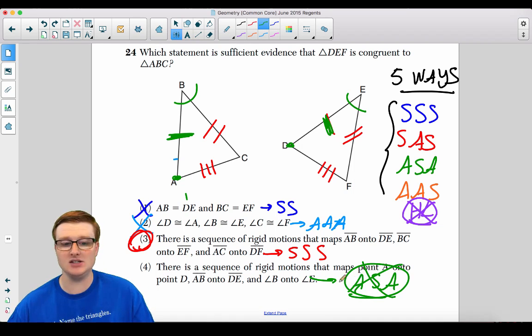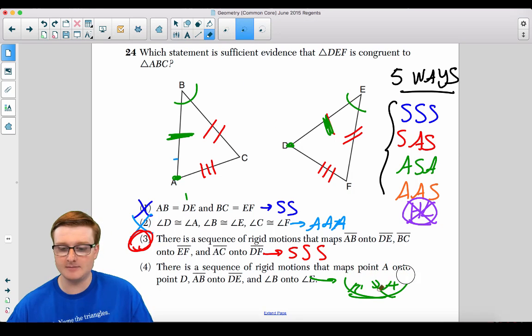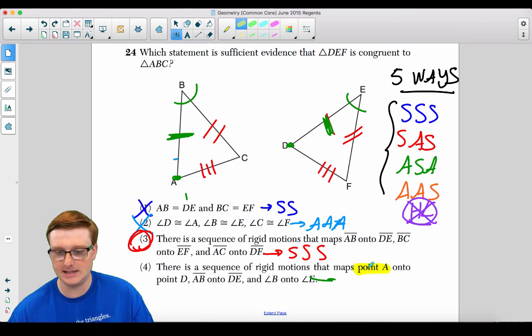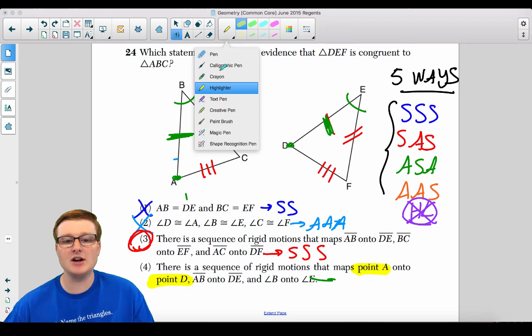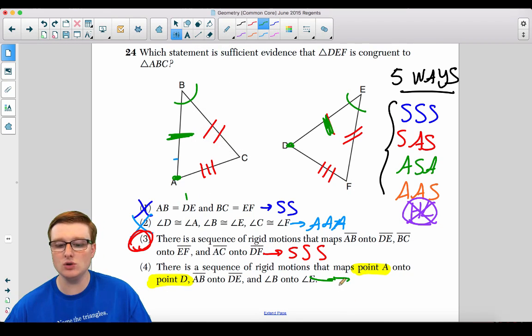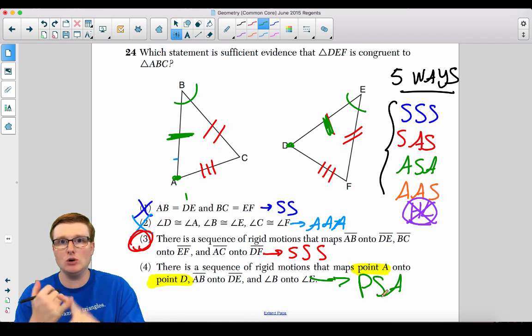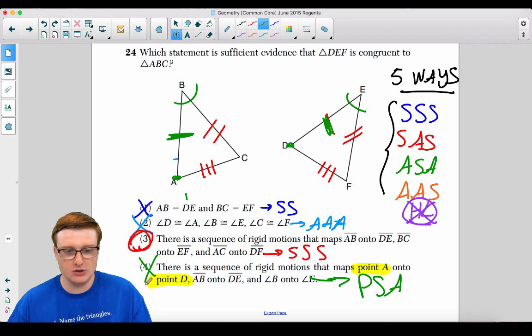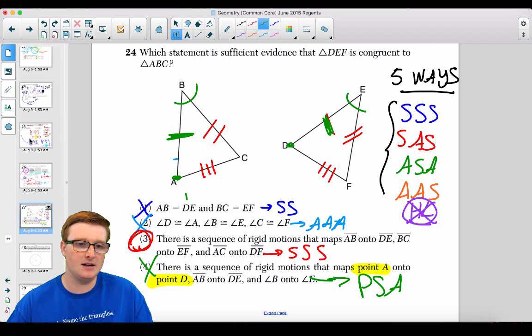No, it is not, ladies and gentlemen. And the reason why is for this vocab word right here. Point. Point A. There's no such thing in the mathematical universe of point, side, angle. A point, by definition, has no depth, no length, no width, no distance. So that can't be an answer. So choice 4 was the trick answer in that question.